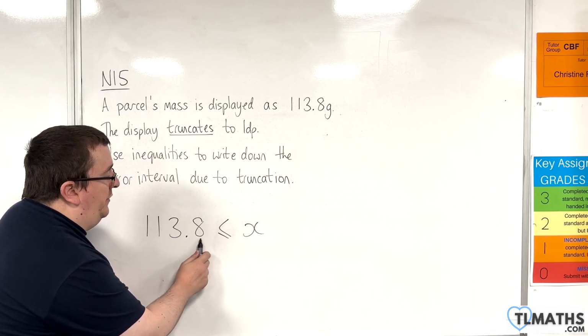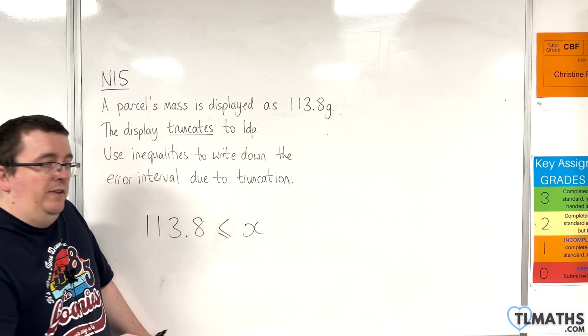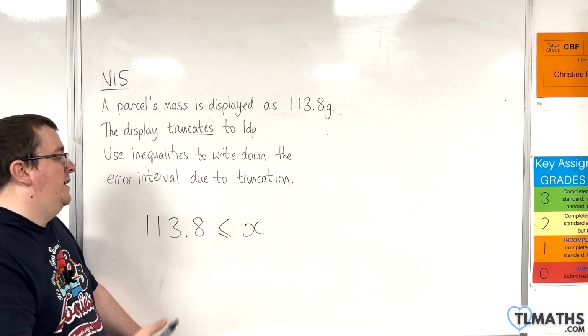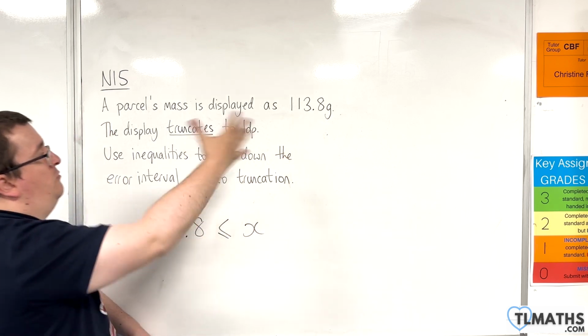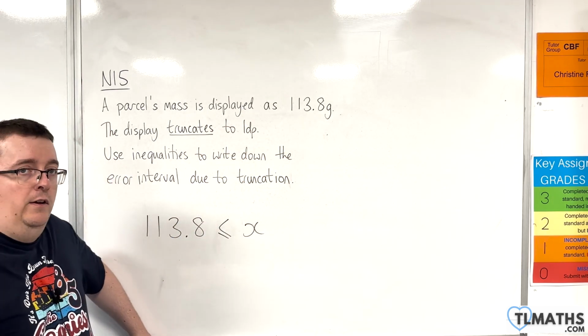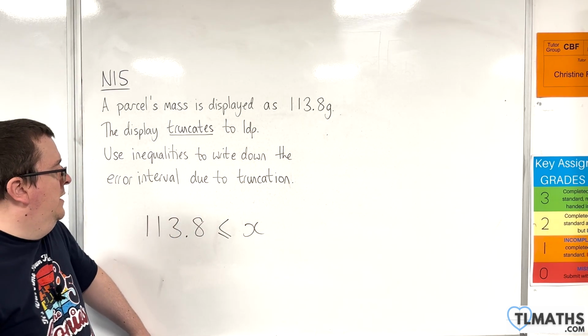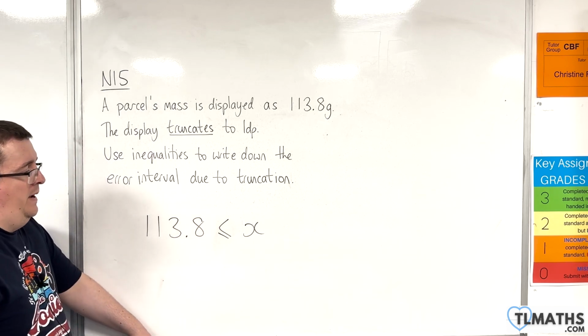So 113.7 something or 113.6 something, okay, they would truncate away and you would have 113.7 grams or 113.6 grams displayed on the scales. So 113.8 is the least it could be.